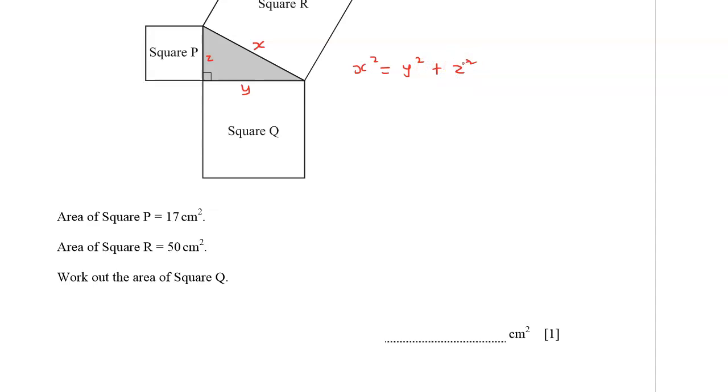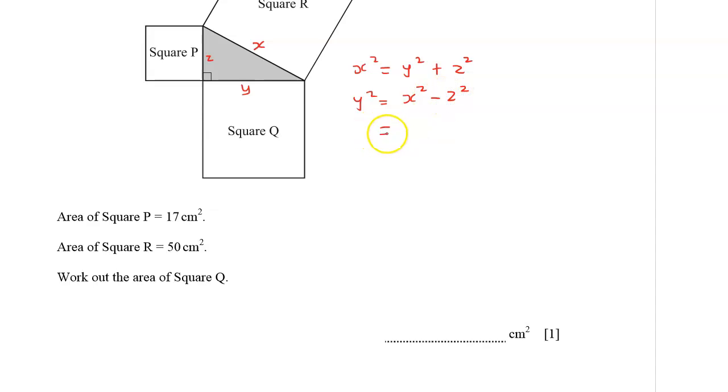I hope I'm not taking too much for granted, but it means that y squared is equal to x squared minus z squared.